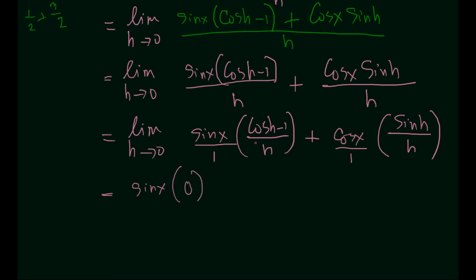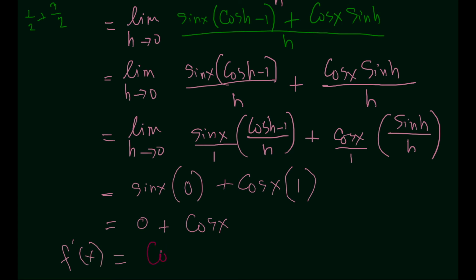This 0 came from the limit of cosine h minus 1 over h as h approaches 0, plus the limit of cosine of x is still cosine of x, and this one, sine of h over h, is equal to 1. So this will become sine x times 0 is 0, of course, and then cosine x times 1 is cosine of x, and finally our f prime of x is equal to cosine of x.